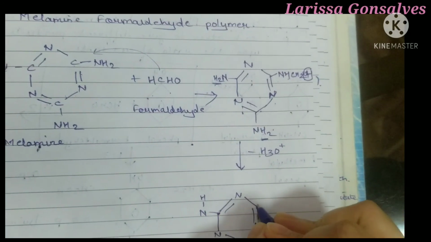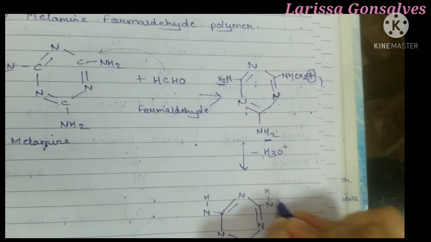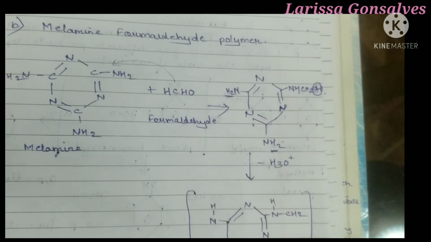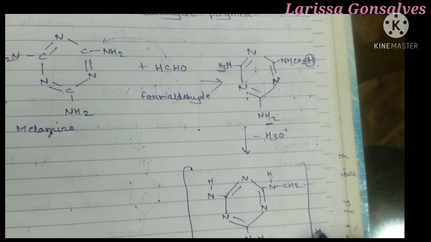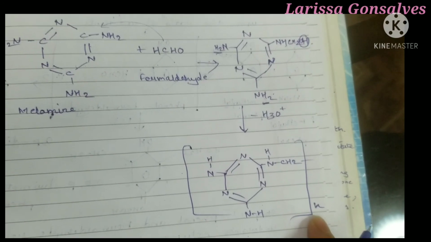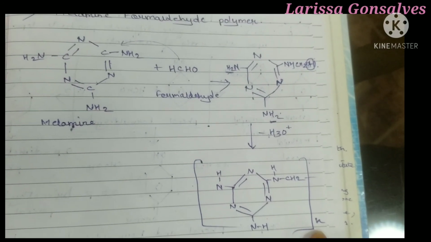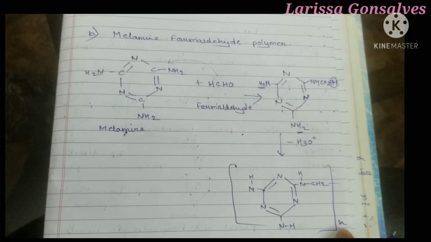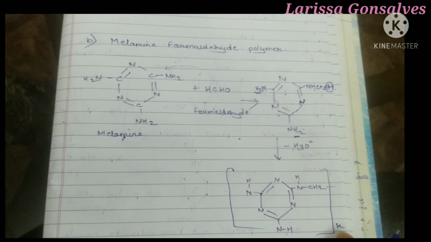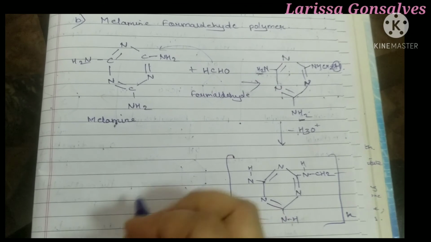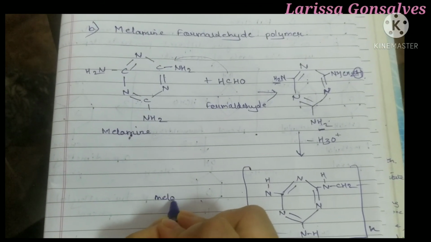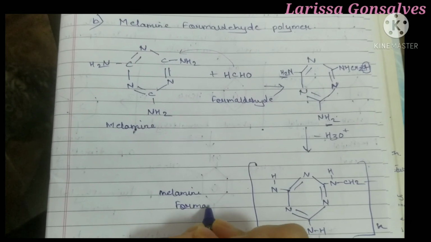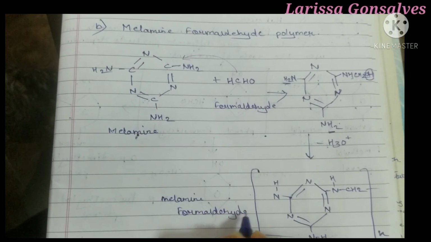So you will be left with NHCH2, and this is what is formed here, with n outside the bracket, which means that the chain is going to continue. And after polymerization, this polymer formed here is called melamine formaldehyde polymer.